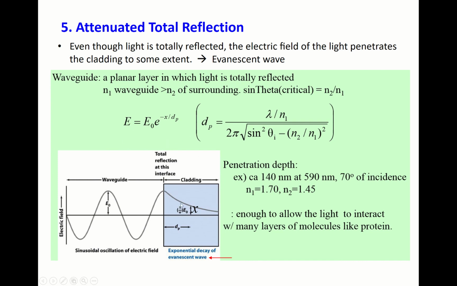The electric field E equals E0, the original incoming electric field intensity, multiplied by exponential of minus x over dp. x is the distance from this interface to the other side, and dp is the characteristic decaying distance. So dp is defined by this equation.